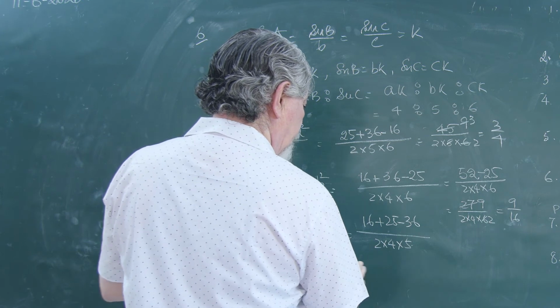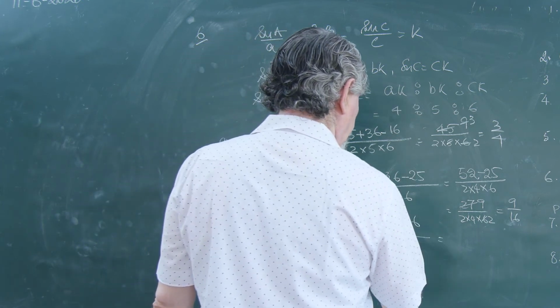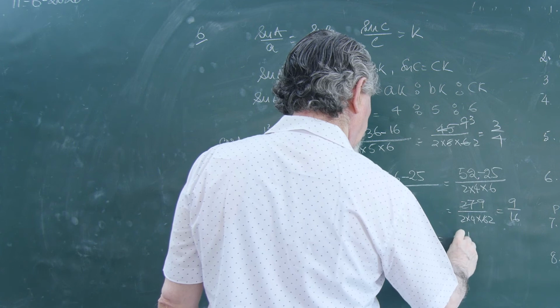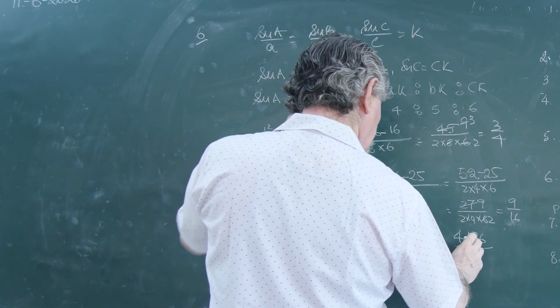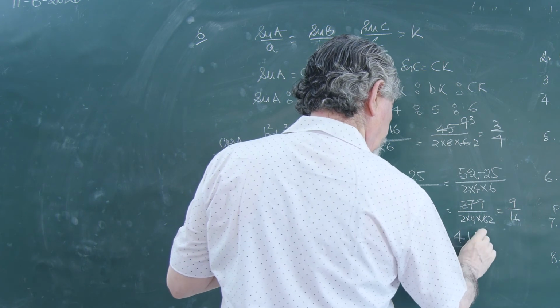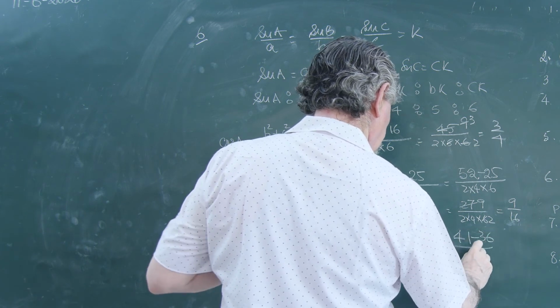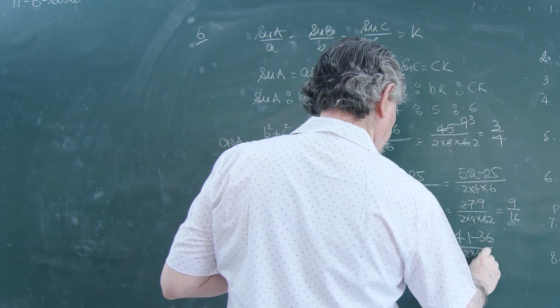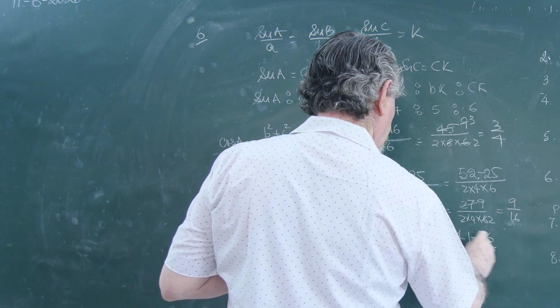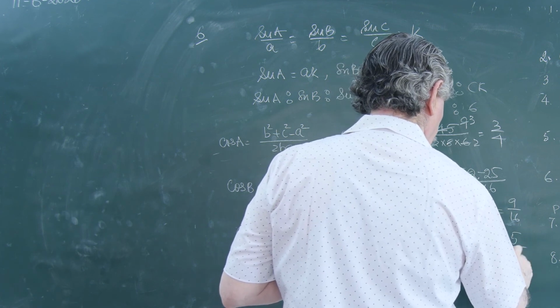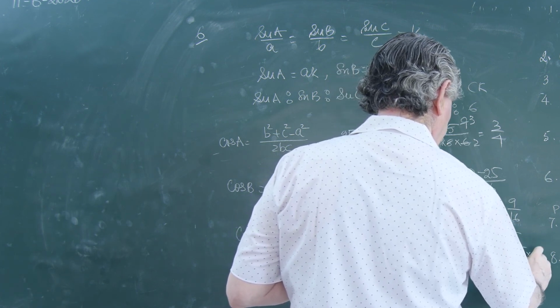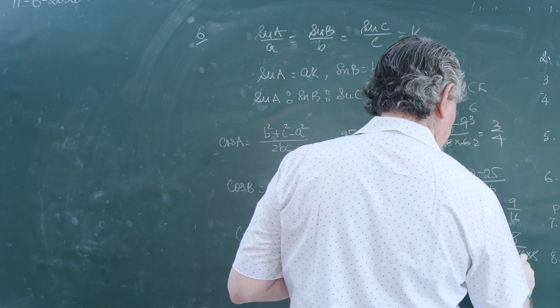So 16 plus 25 will be 41 minus 36, which will be 5 upon 2 into 4 into 5. 5 will cancel, 1 upon 8.